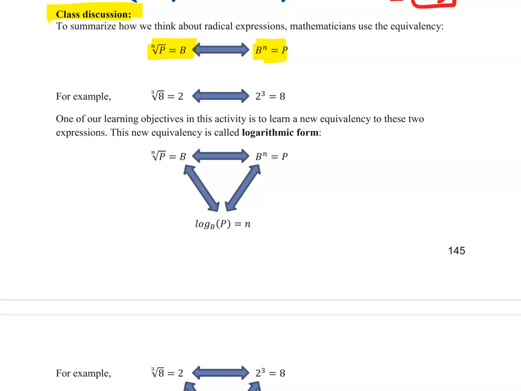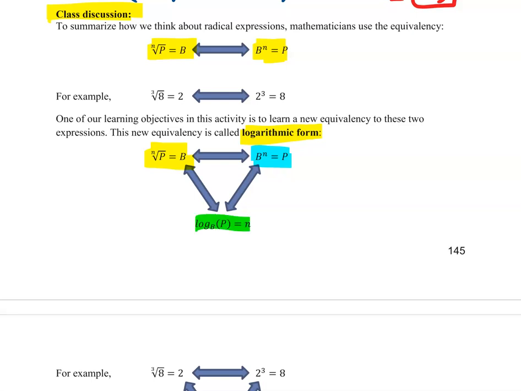So one of our learning objectives in this activity is to learn a new equivalent form of these two expressions, and we call this logarithmic form. So from the radical form, the nth root of p is equal to b, we write it in exponential form as b to the power of n is equal to p.